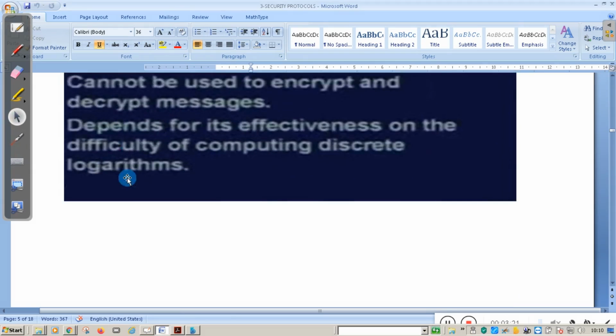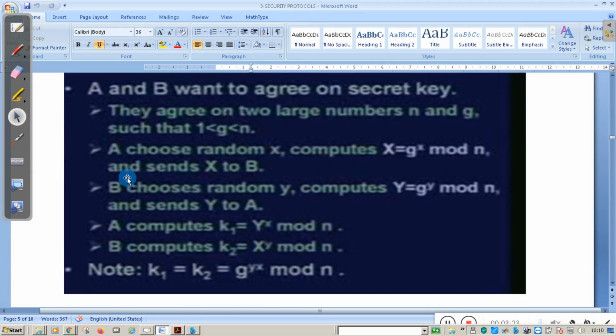Now here you will see the algorithm. A and B want to agree on a secret key. First, A and B agree on two large numbers n and g, such that g lies between 1 and n.